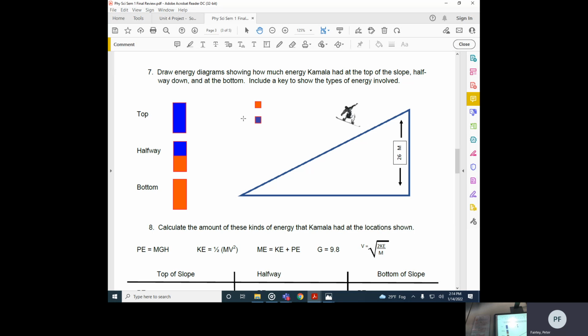Now for my key, which one do I label as kinetic and which one do I label as potential? Blue is potential. It was all potential at the beginning, huh? It had the potential to release energy before she started moving. By the time she got down to the bottom, it was all kinetic. Oops, I didn't do that quite right. Blue was potential and red was kinetic. And that's all you have to do for that question.